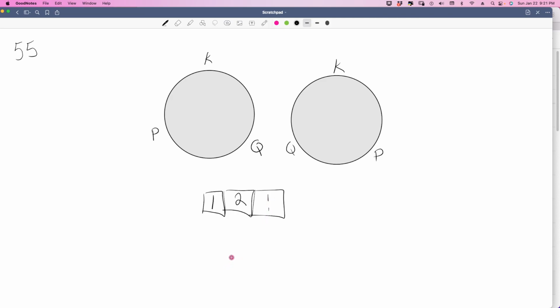Then we have our exclamation point for permutations. So with 3 spaces, the first one is always 1 because it's the same thing all the way around. And then we subtract and we go on to the next spaces like we normally would. We subtract 1 from the total and we work our way down.